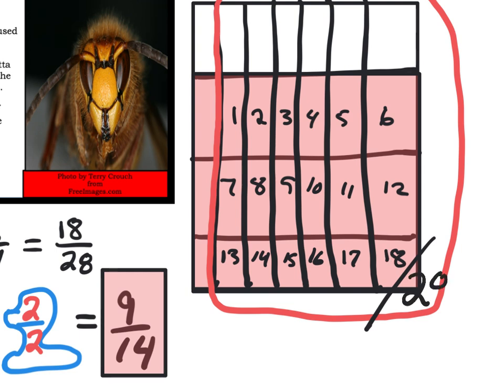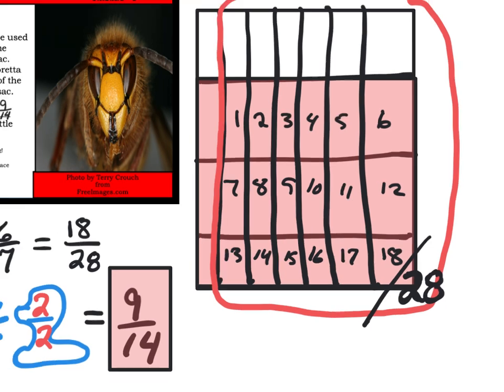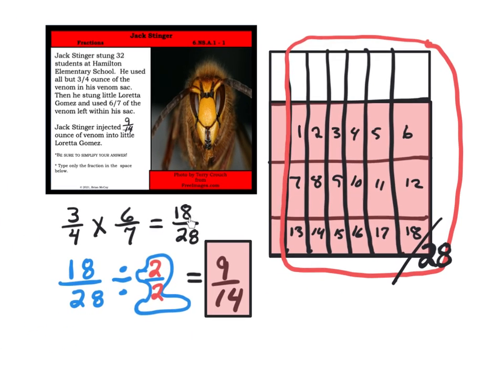So I'm going to drop the 28 there. I'm going to just make that a little bigger so it's easier to see. 28. And right there, lo and behold, you got 18/28, which agrees with our algorithm over here of 18/28.